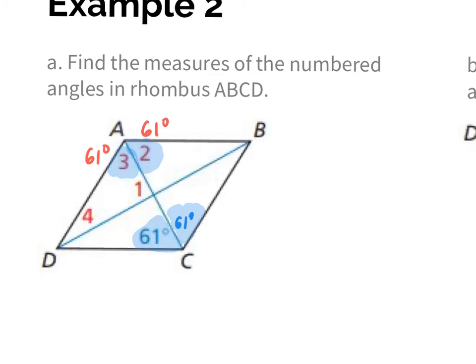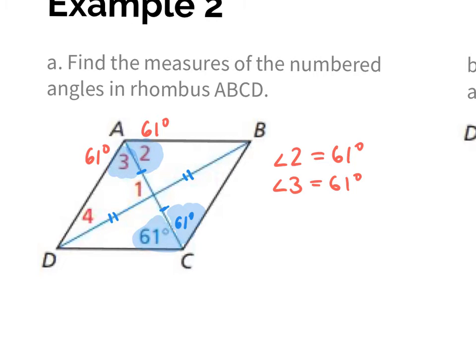So right away, I know that angle 2, I'll just write over here, angle 2 equals 61 degrees, angle 3 equals 61 degrees. Okay? Now then I have to find angles 1 and 4. What we also know is that in a rhombus, the diagonals are perpendicular bisectors, which means they cut each other into equal parts.